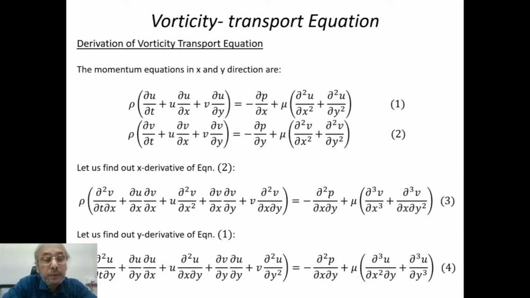Now what we do, we first differentiate equation 2 with respect to x. So we find out x derivative of equation 2 and we get equation 3. Straightforward, just differentiate equation 2 with respect to x.